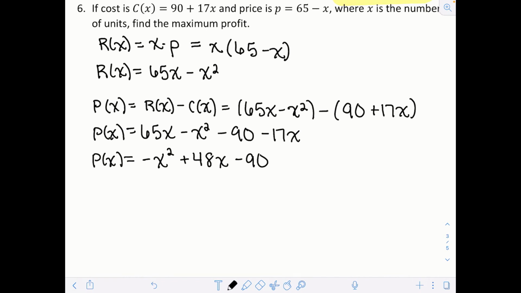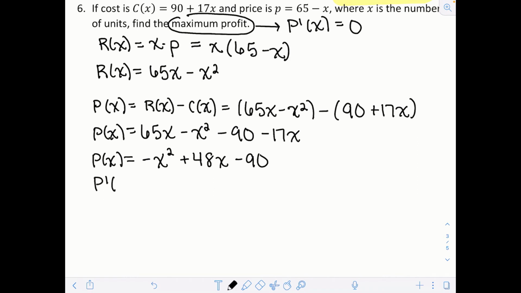We're trying to find the maximum profit, so that means maximums and minimums, like increasing and decreasing. We find them by taking the derivative and setting it equal to 0. At least that would give us the critical numbers, which is what we need in this problem.